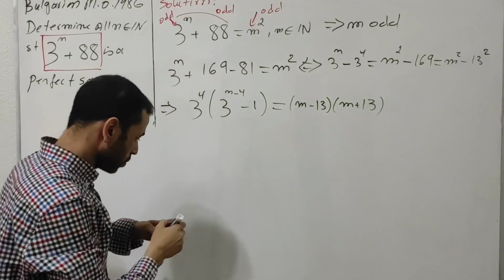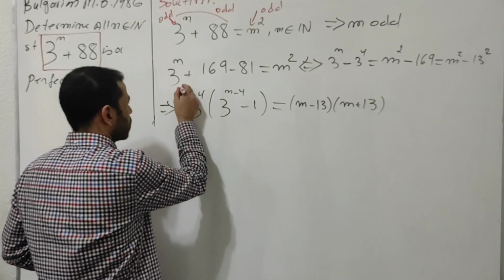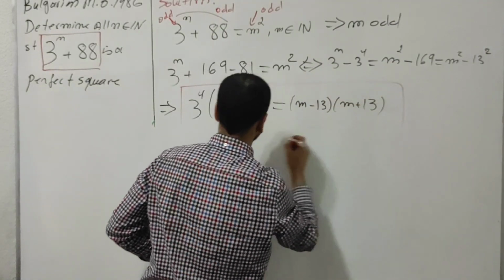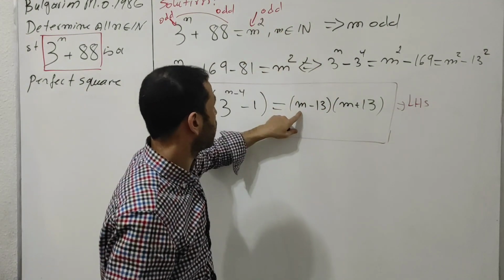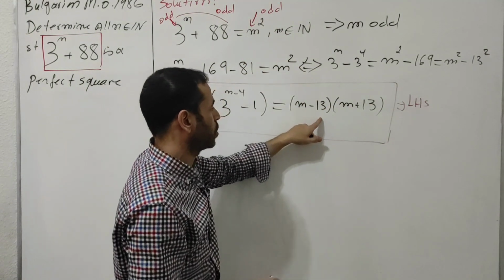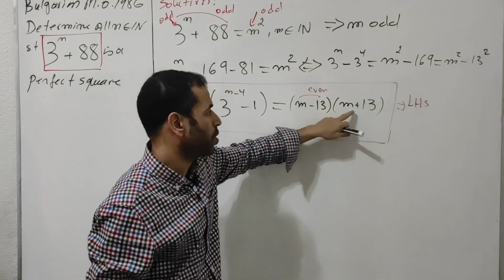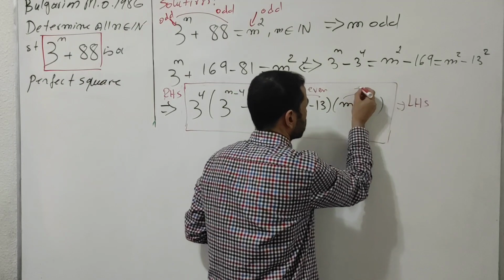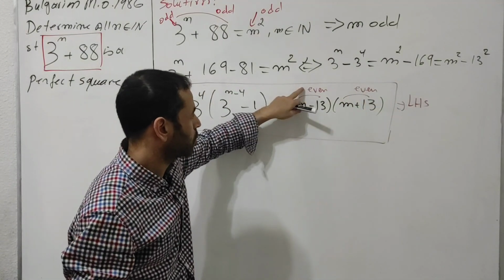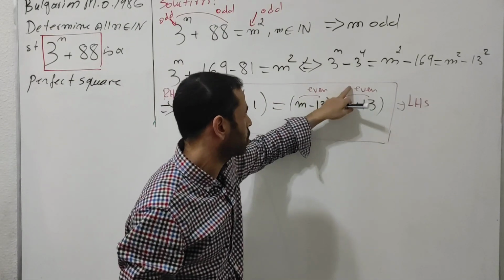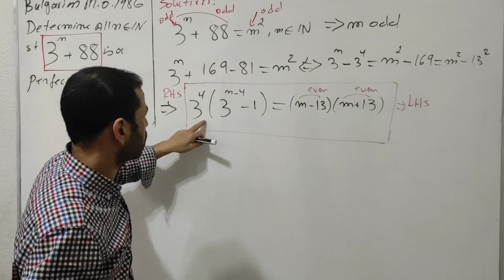Now I'm going to check the parity of this expression on the right hand side of this equation. As we said before, m is odd, that means m minus 13 is even, and also m plus 13 is even as well, because odd minus odd gives even, and odd plus odd gives even. That means the left hand side of this equation is even as well.